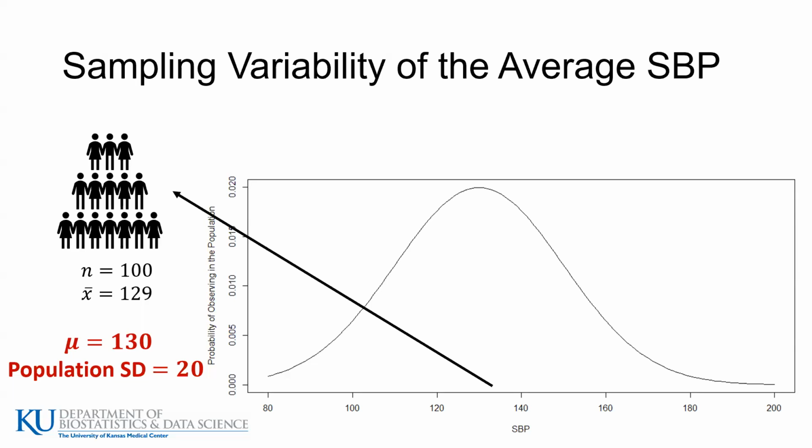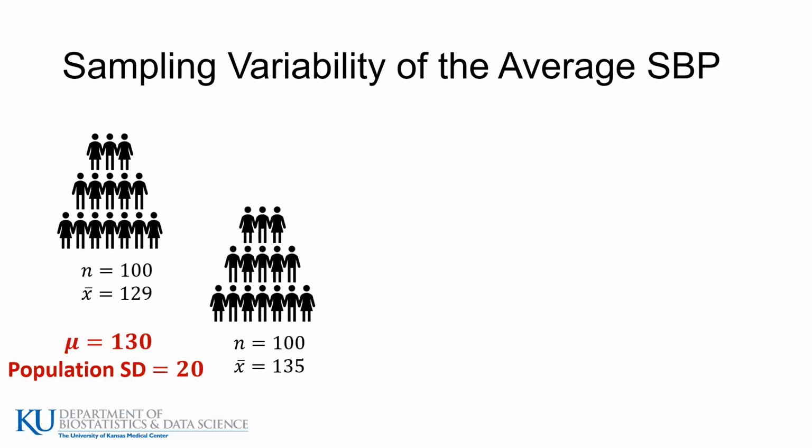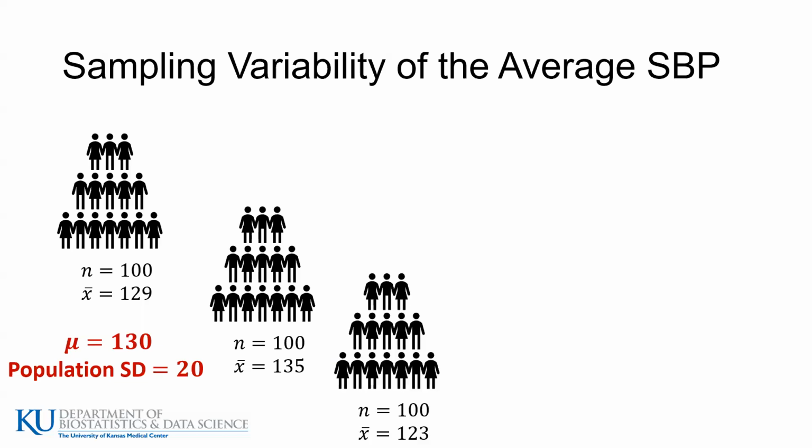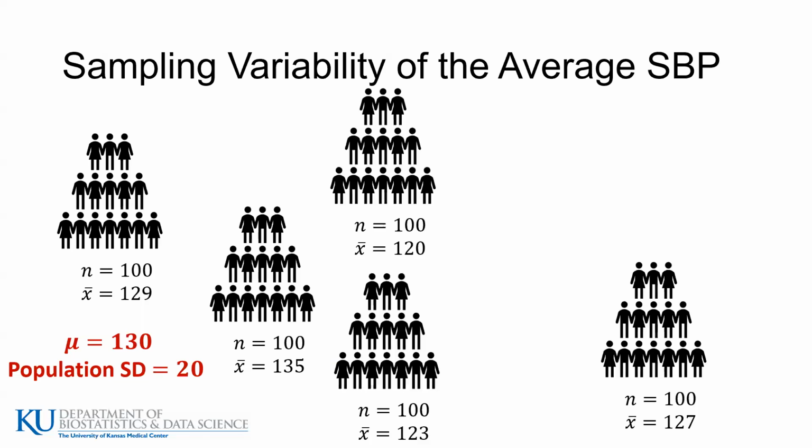So for a random sample from this population of 100 patients, we could observe an average systolic blood pressure of 129. Another possibility is we could observe an average of 135, 123, 127.